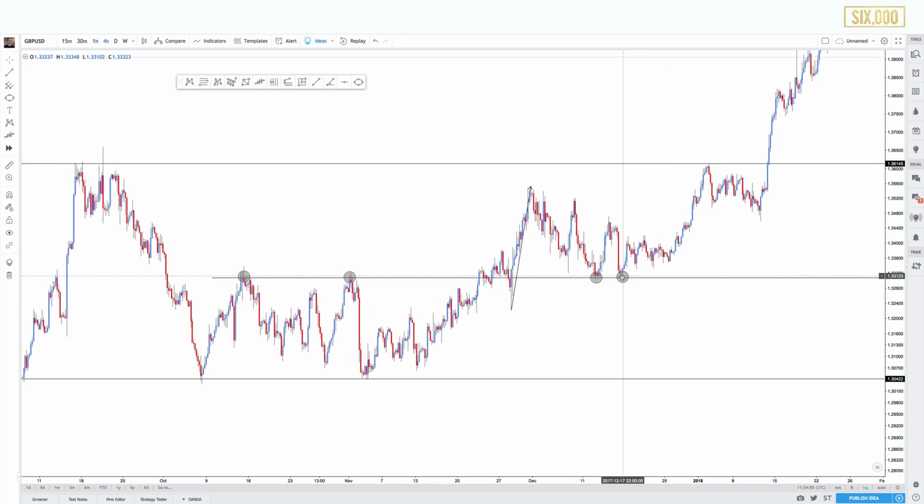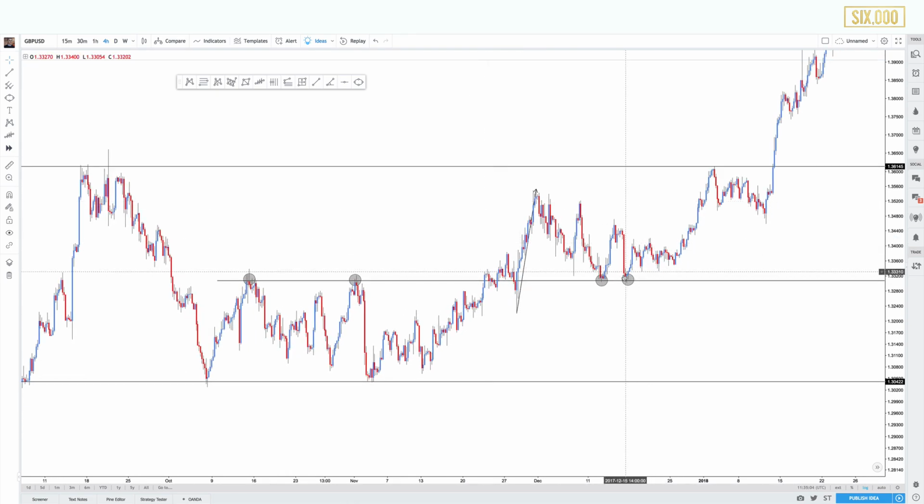Now you can see that price, of course, is now, I would say this is the midway point. So you can see here, between the support level at the bottom, resistance here, and then support here to resistance at the top, it's halfway. So price used this as a level to reverse from, and then head towards resistance at the top here.